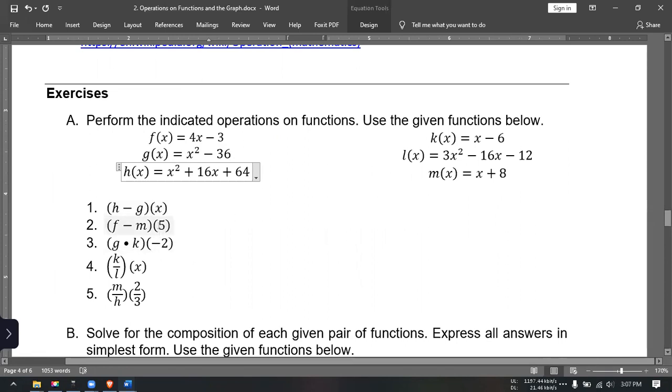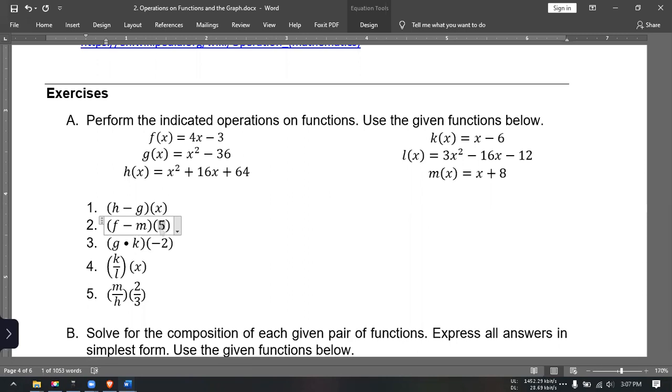And if you notice, we have a specific value of x here. To do this, you have to perform the operation first, and the result will be evaluated at a specific value of x. So get the difference between f and m first, and then evaluate that result at 5. The same goes with this.